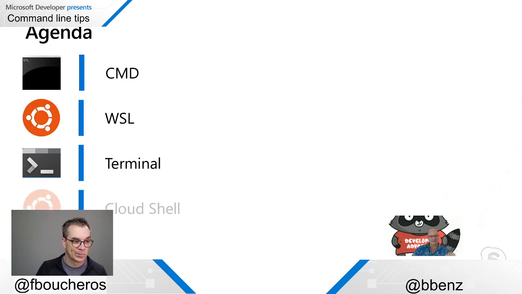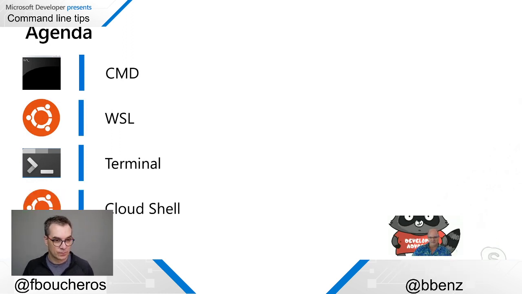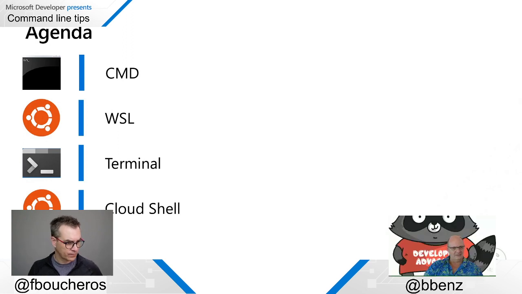And also the Cloud Shell. shell.azure.com has a ton of command line capabilities that you should know about. And last but not least, I'm going to show you a whole bunch of different command line tips and tricks you can use with VS Code as well, because VS Code actually has command line built into it. It's not just for code editing.